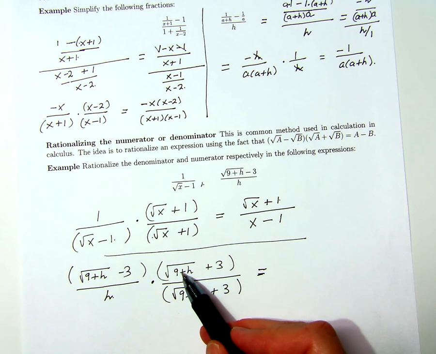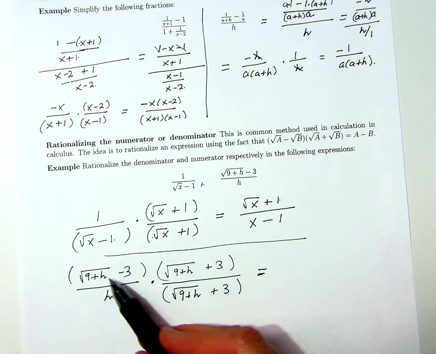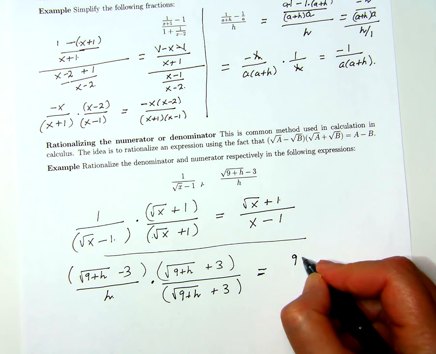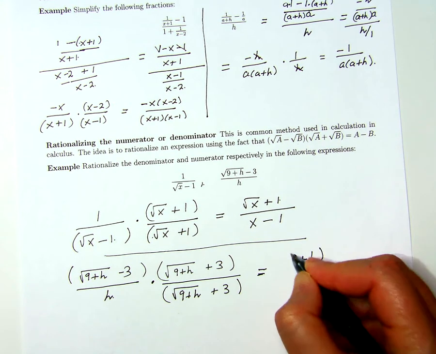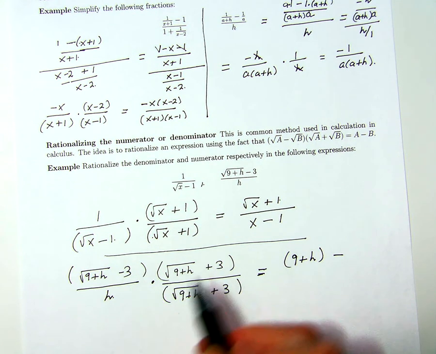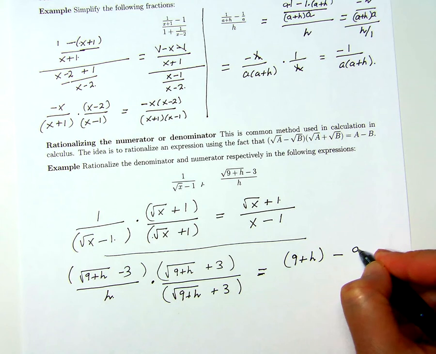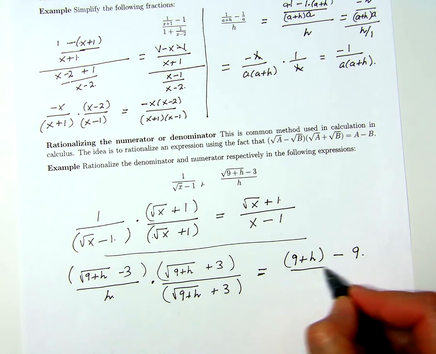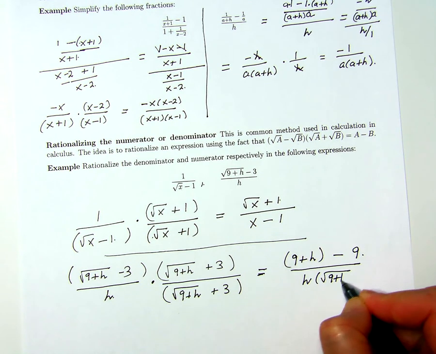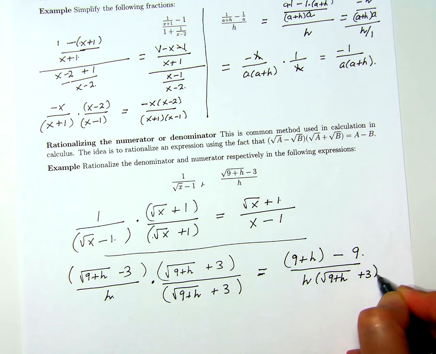So now this is a, the square root of a times the square root of a is just a, so it's 9 plus h minus, and the square root of b here is 3, so b is 9, so it's that minus 9 minus 3 squared over h times the square root of 9 plus h plus 3.